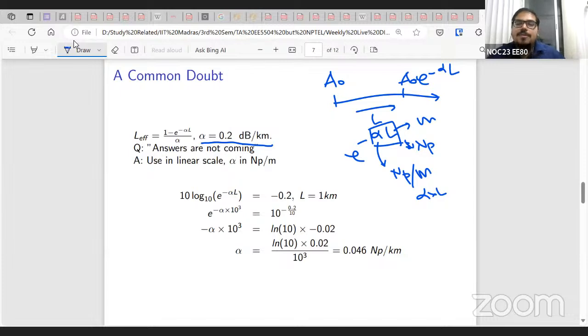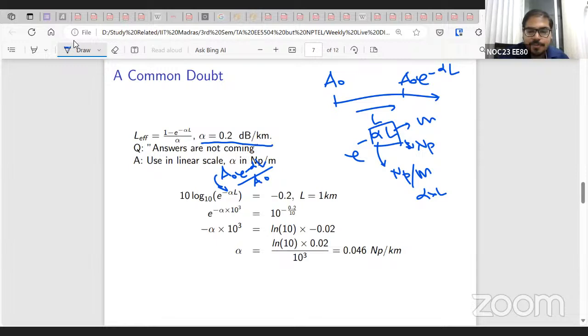So what is alpha equal to 0.2 dB per kilometer saying? dB will always give some ratio. So what it is saying is 10 log base 10 of A0 e to the power minus alpha L divided by A0. That is this.